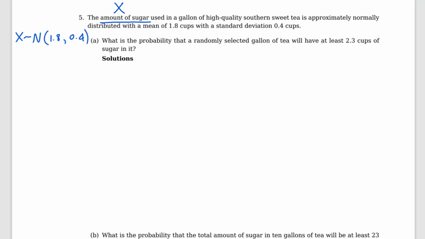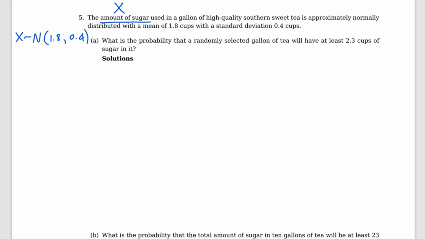Now, what is the probability that a randomly selected gallon of tea will have at least 2.3 cups of sugar in it? What are they asking now? Probability of X or probability of X bar? It is X. Probability of X.